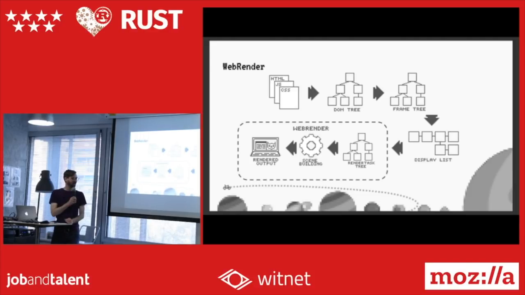And the other thing is that when WebRender creates the display list, it does it in a way where each node is a rendering dependency of its parent node. So it's not just arbitrarily split images. It's actually like, to render this node, I need to render all these other nodes. So it knows in what order to render the tasks. And that's also important later when we talk about batching.